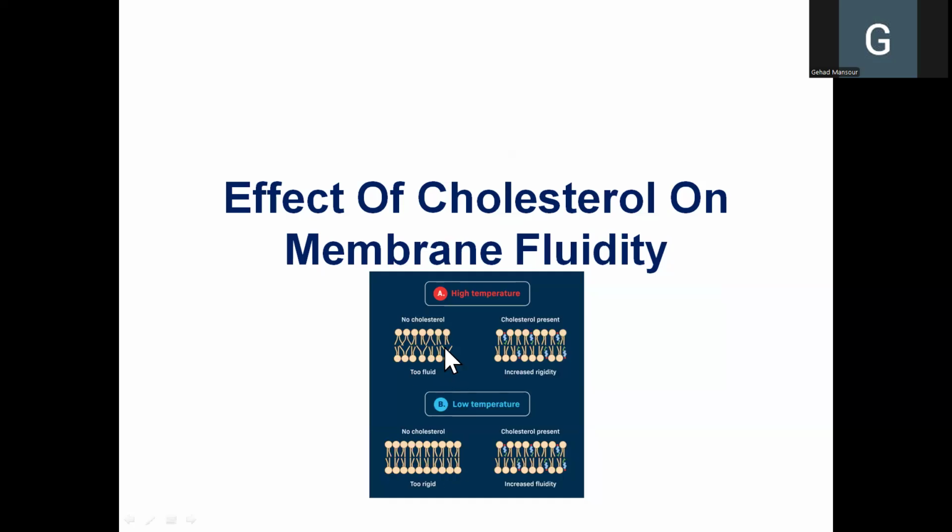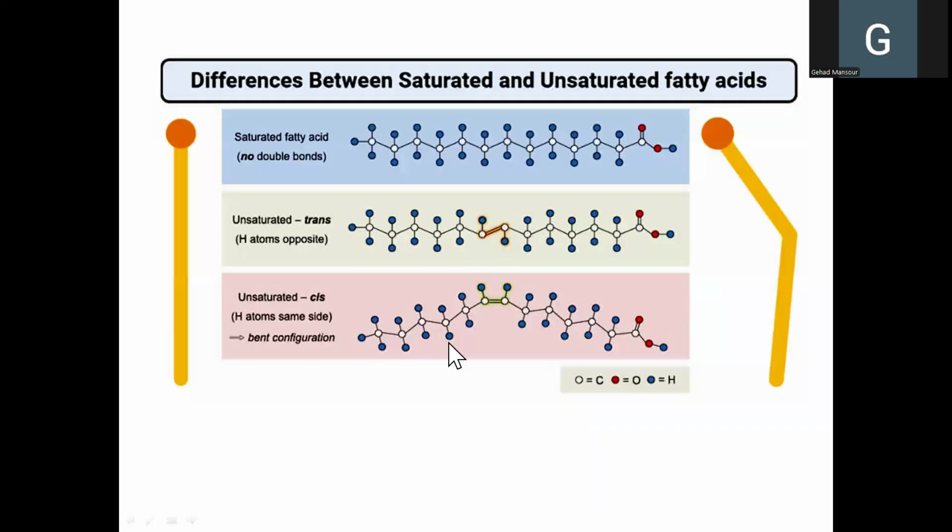As we said before, the lipid tails that are present in the phospholipid molecule are nothing but fatty acids. What are fatty acids? They are organic molecules. Actually, they are hydrocarbons, meaning that they consist of carbon atoms, the ones you see white here, and hydrogen atoms, the ones you see blue in color.